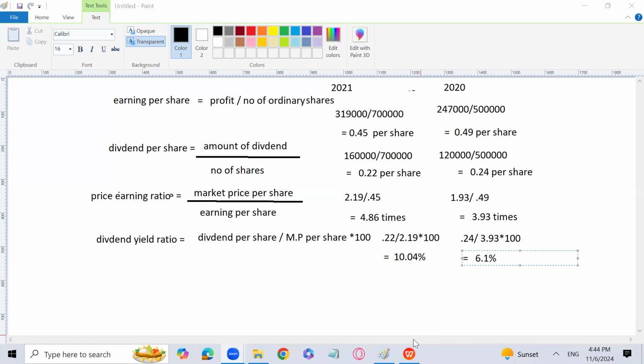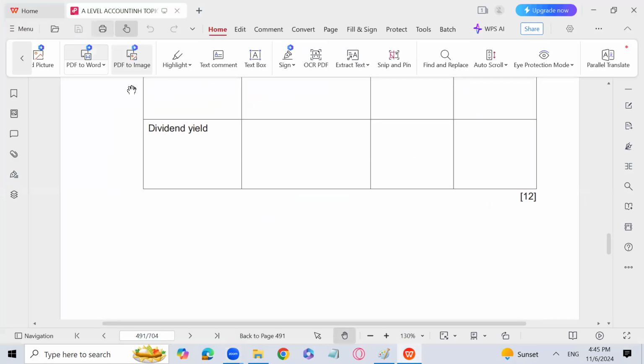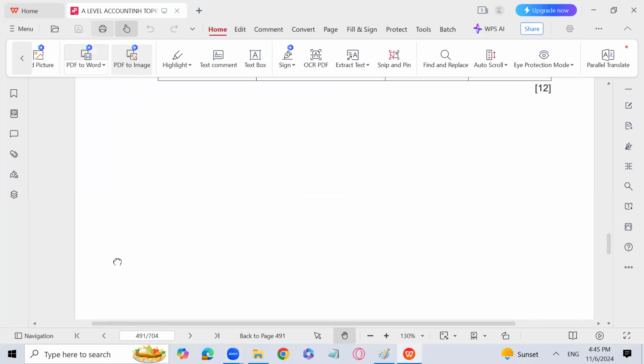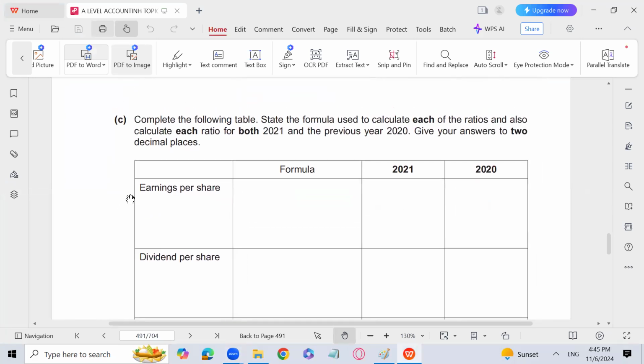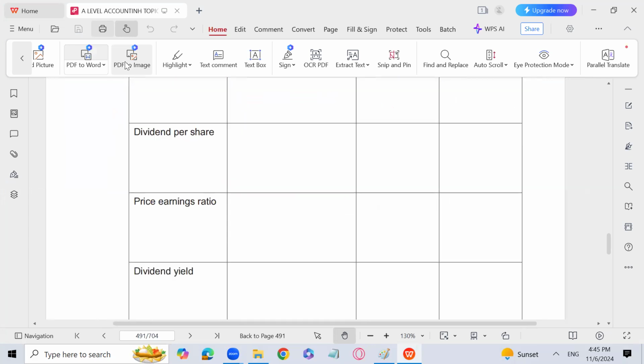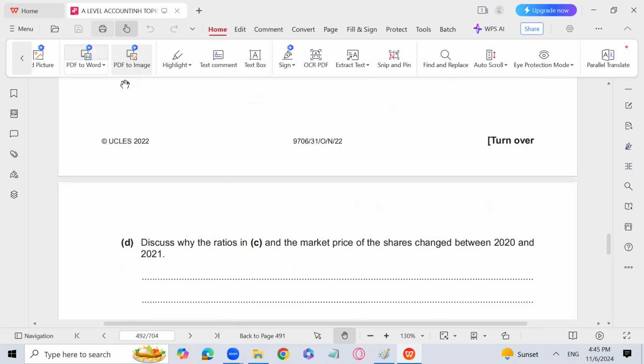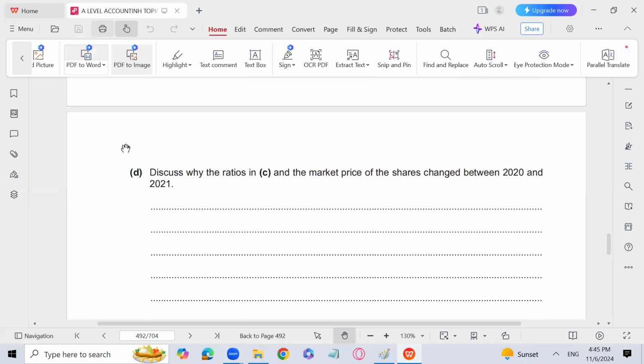Okay. So let's see the other formula. Dividend yield ratio we have done. Those 12 numbers have been given. Formula 21, 22, and we have calculated that. October, November 22, 31. Discuss why the ratios in C and the market price of the share changed between 2020 and 21.